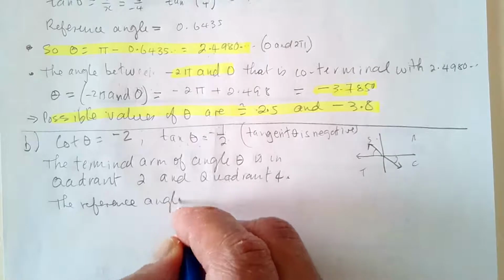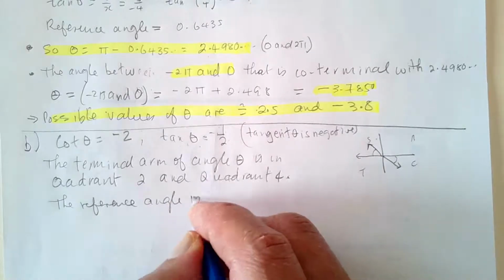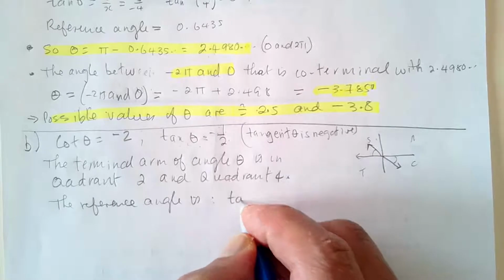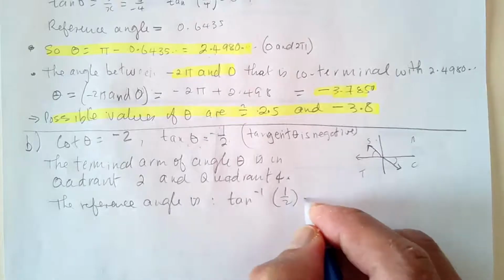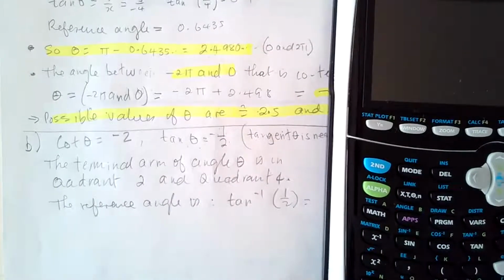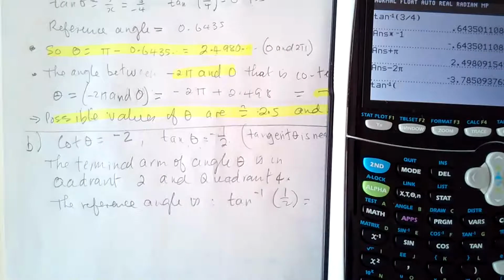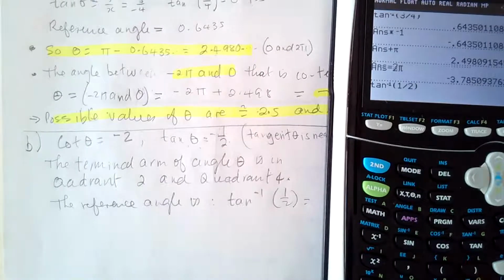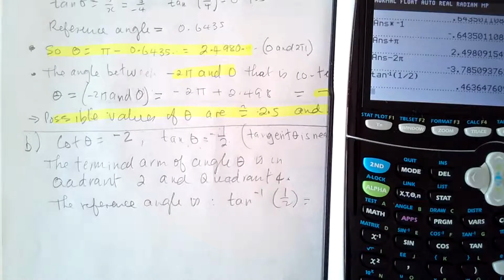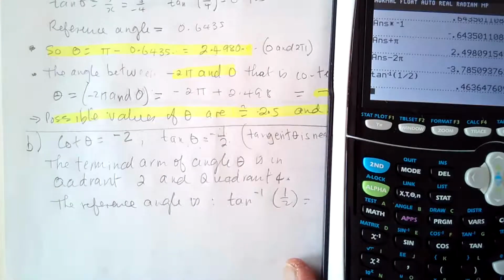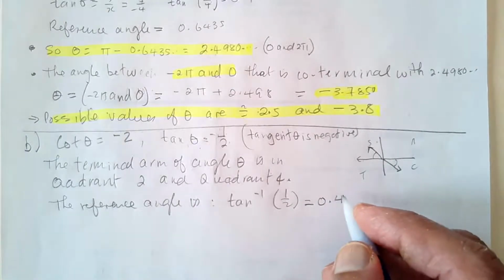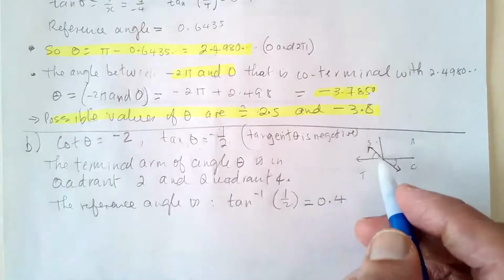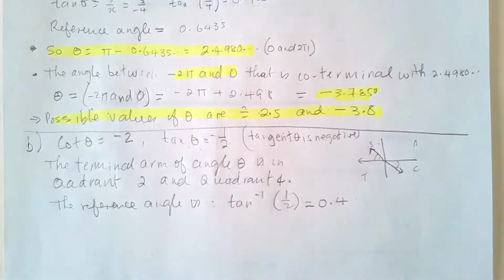The reference angle is tan inverse of 1 over 2. So we'll go ahead and try that. Second tangent, 1 divided by 2, is 0.4636. That will be in quadrant 2 here. So we'll find that one first, but that's our reference angle.